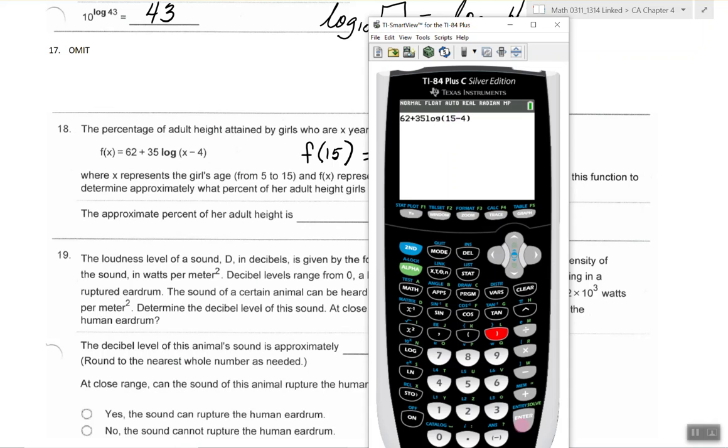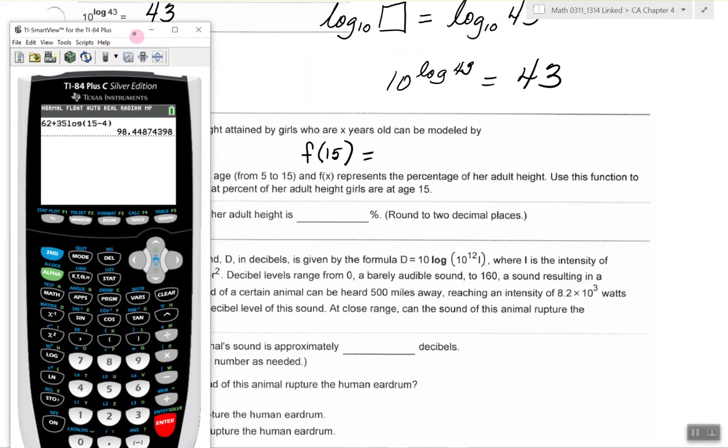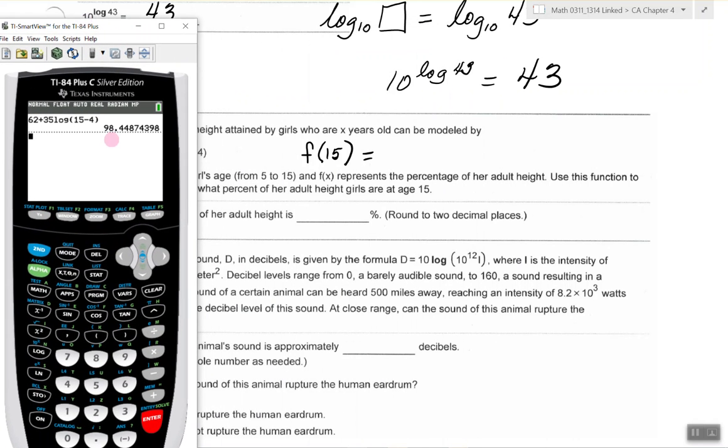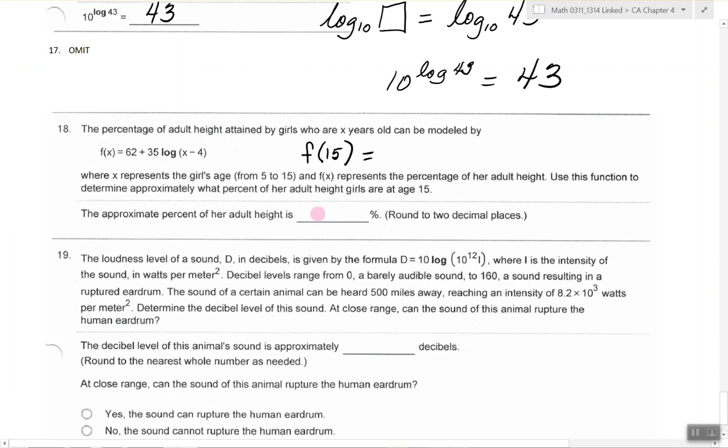So I put my 15 there, enter, and round to 2 decimal places, it will be 98.45. What they're saying is when a girl reaches the age of 15, she has reached 98.45% of her height.